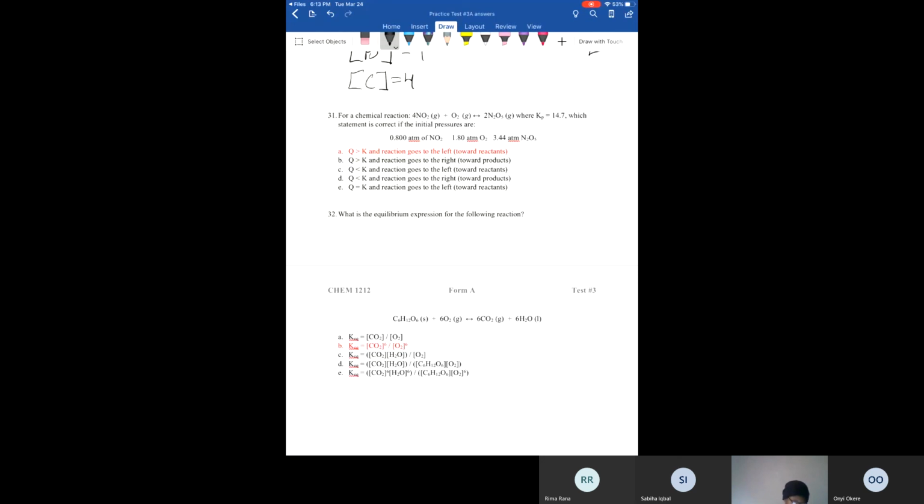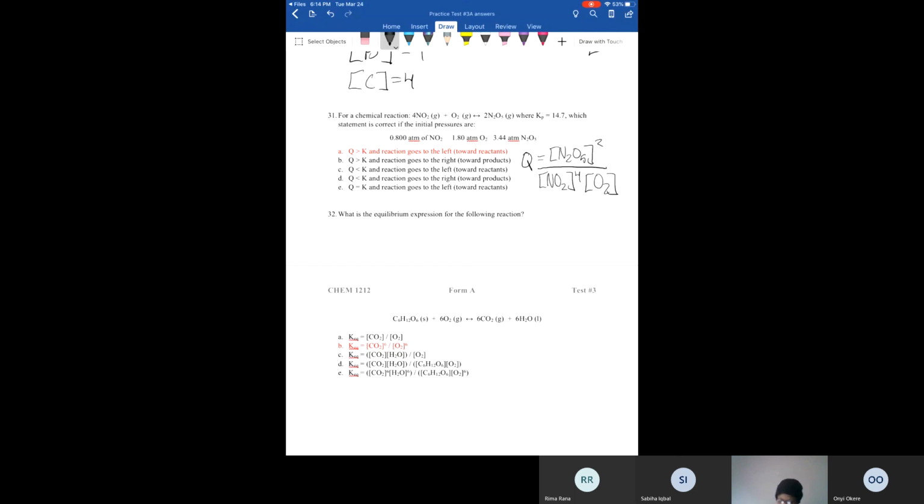Okay, so for a chemical reaction, 4NO2 plus O2 goes to 2N2O5, Kp is 14.7. Which statement is correct if the initial partial pressures are given? So you just solve for Q. It's going to be N2O5 squared over NO2 to the 4th and O2, and then you're just plugging them in.